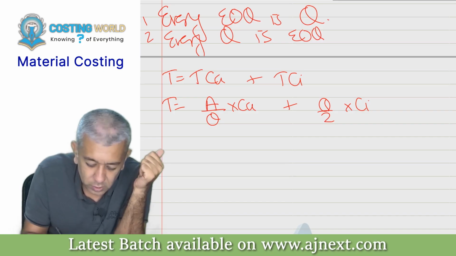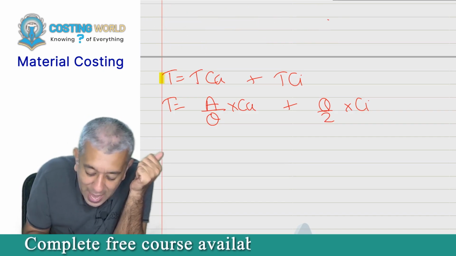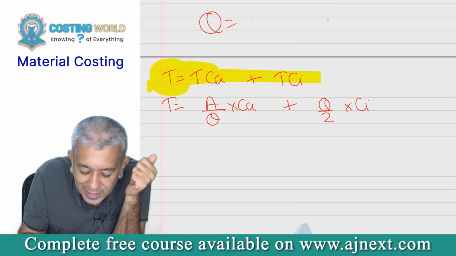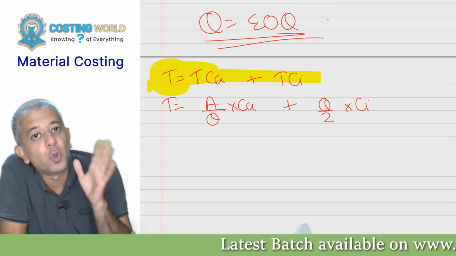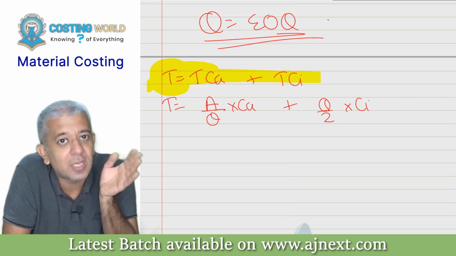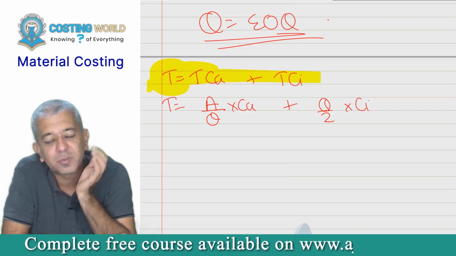Yes, sir. So what I am doing now, listen. I am trying to simplify this formula, assuming that Q is equal to EOQ. Assuming that the company follows EOQ. You all understood this? I cannot write assuming EOQ is equal to Q. In any case, every EOQ is Q, the first.